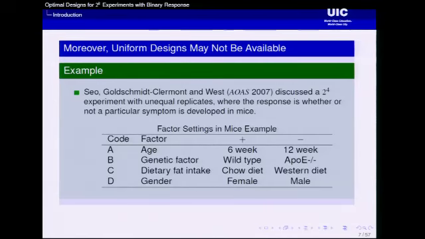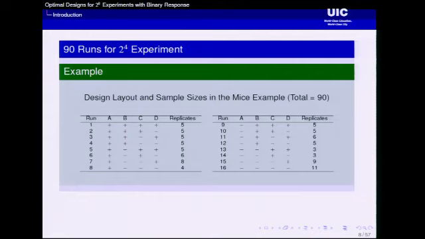If I were a mouse, I know which one I would prefer, but gender is male or female, so that's the other one. Here is the experiment. These are the number of replicates. For some reason, I have not been able to figure out why exactly they took these numbers, but these are the numbers.